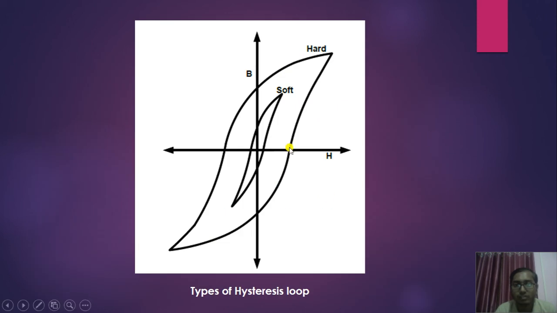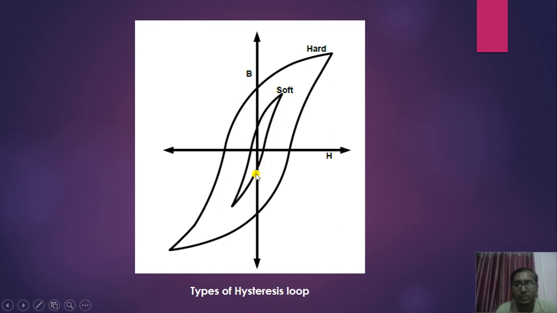So here we have a magnetic hysteresis loop for a hard magnetic material, and here for a soft magnetic material. What is the difference between the two loops? You can see that in hard magnetic materials the residual magnetism is more, and we need a very high coercive force to neutralize this residual magnetism.